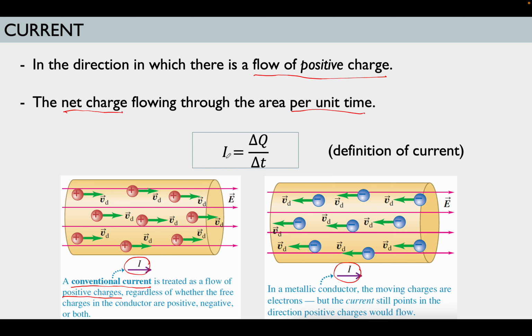So let's have a definition of current in terms of a formula or equation. Current I, capital letter I, is equal to delta Q, or the net charge, divided by the change in time, delta t. That is again the definition of current.